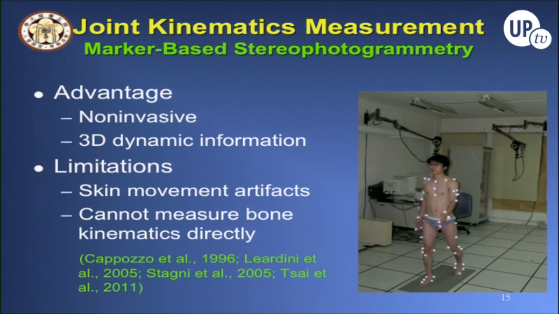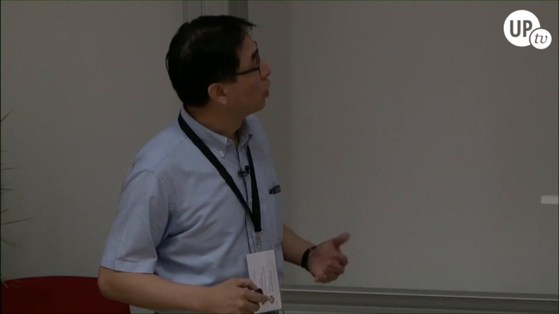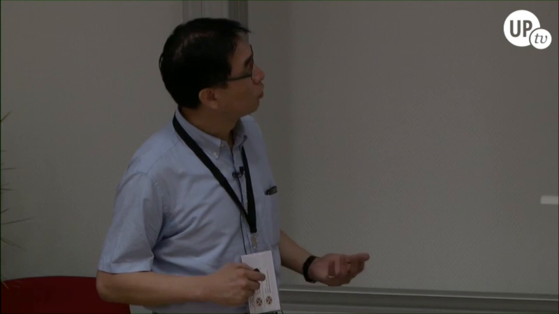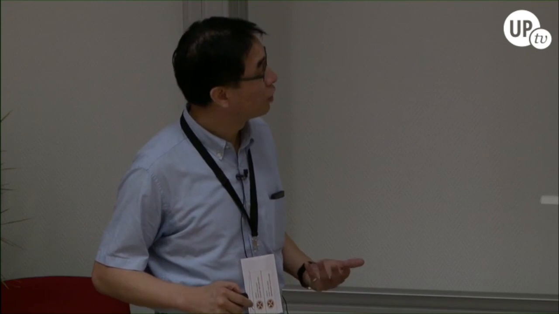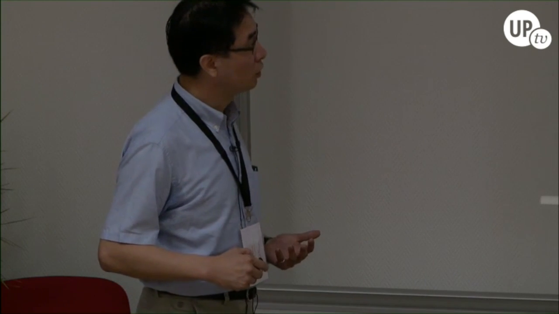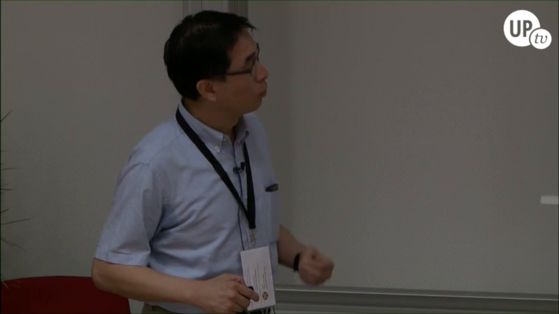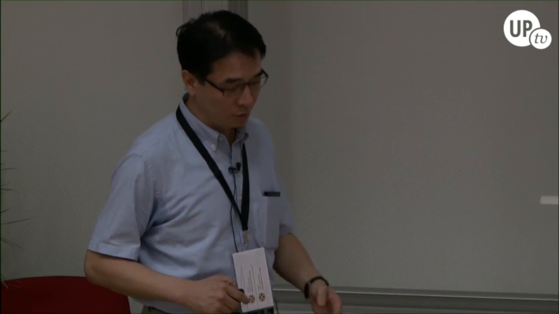So marker-based stereophotogrammetry has all the advantages in providing non-invasive 3D dynamic information. But it suffers some limitations as well. For example, the skin movement artifact of the markers would affect the calculated results, and the detail of the bone kinematics cannot be measured directly.